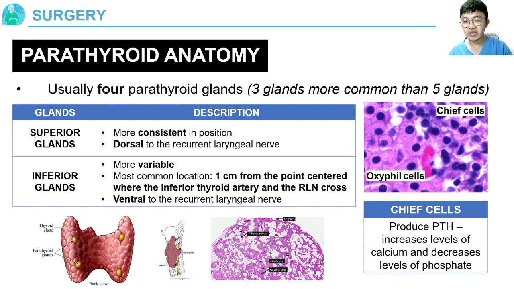Your calcitonin decreases the calcium levels. Your PTH, again, increases calcium levels. So again, for your thyroid, you have your parafollicular C cells, which produce calcitonin. For the parathyroid, you have your chief cells, which produce your PTH. Calcitonin decreases, PTH increases. Both work in a negative feedback loop.